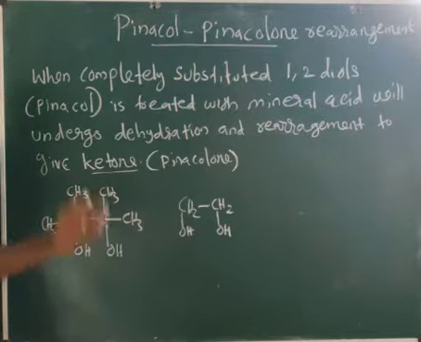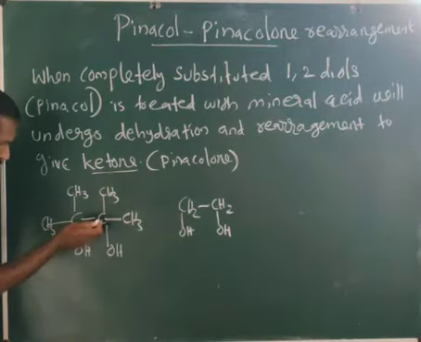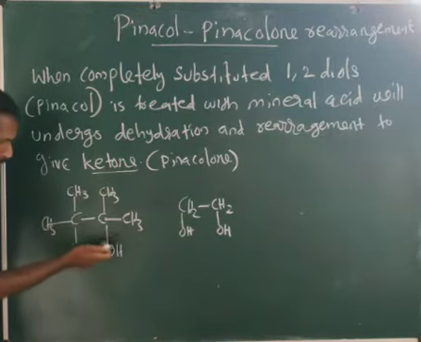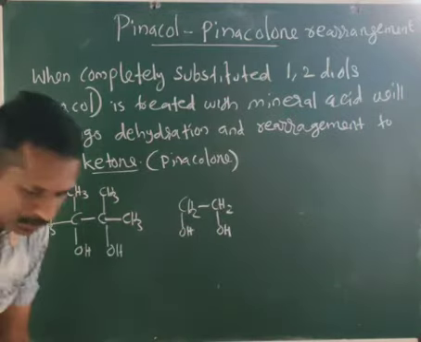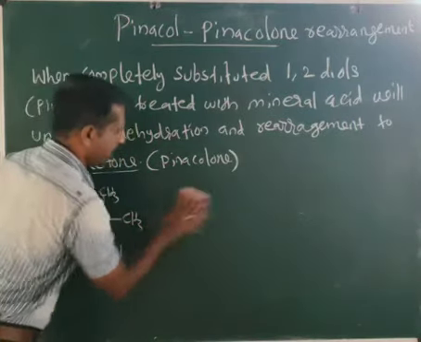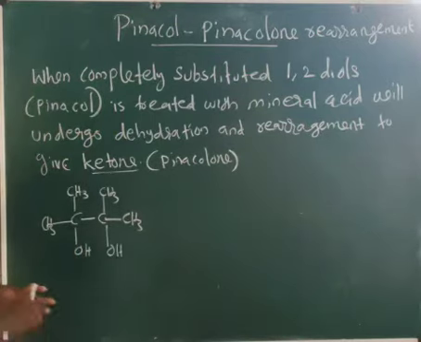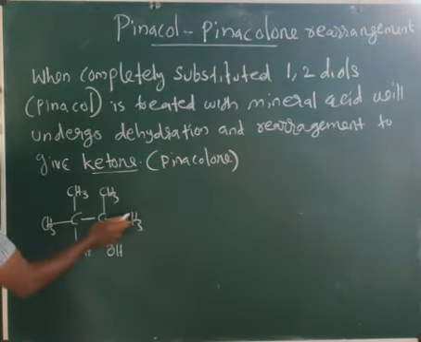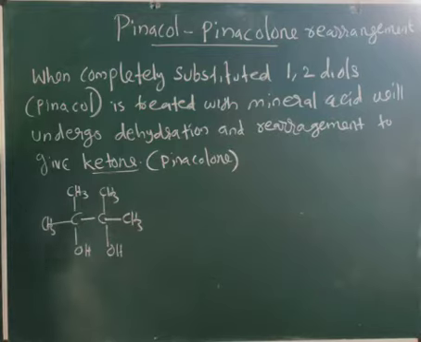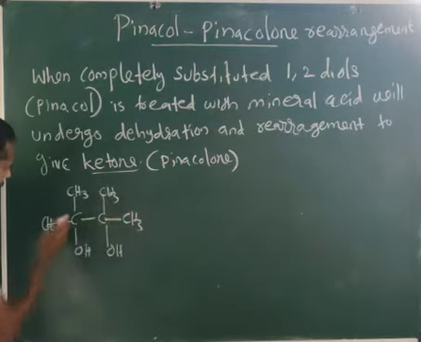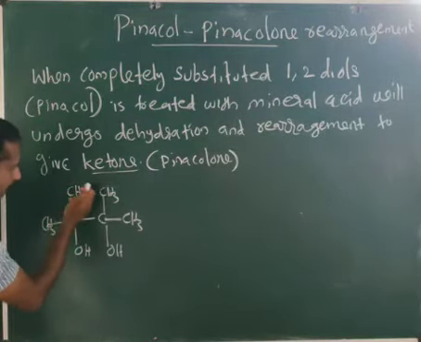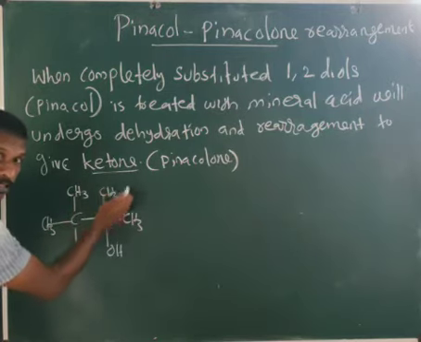What do you mean by 1,2-diol? In adjacent carbon atoms, if you take this as 1 and this as 2, you can see that on carbons 1 and 2 there are OH groups. This is called a 1,2-diol, and this is an example of a completely substituted 1,2-diol. What is its name? Look at here, 1, 2, 3, 4. In the second carbon there is a methyl group, and similarly in the third carbon also there is a methyl group.